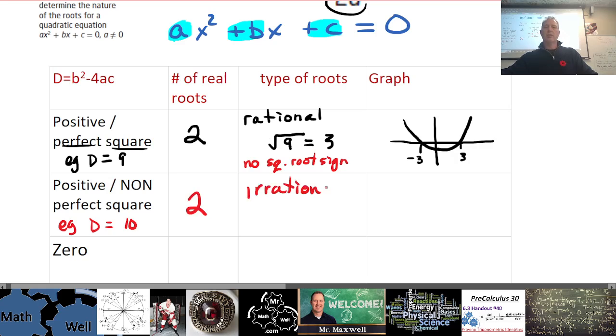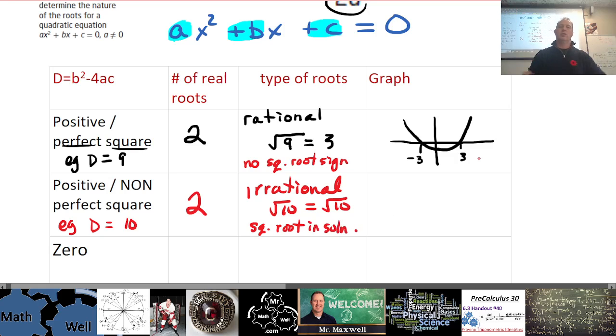Root 10 doesn't really simplify to anything, it's going to be root 10. We're not going to go to a decimal. We're going to try and keep the radicals in the answer, because radicals are exact answers, decimals are approximations. So you do have a square root sign in the solution.